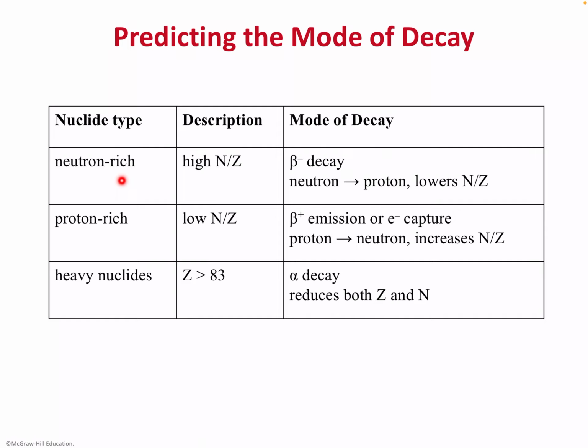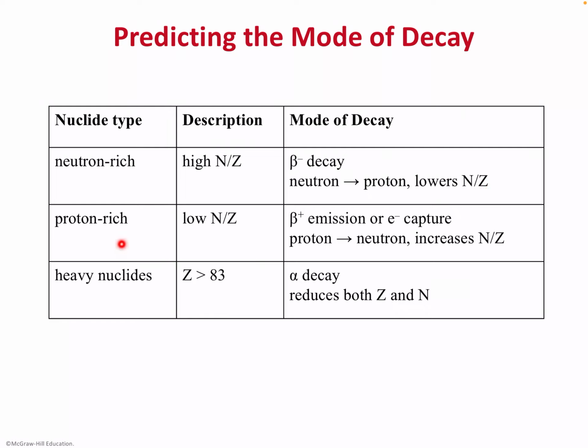If the nuclide is neutron rich, it has more neutrons, and it would end up having a high N over Z ratio. If that is the case, the mode of decay would be beta decay. Why? In beta decay, a neutron will turn into a proton. That lowers the neutron to proton ratio.